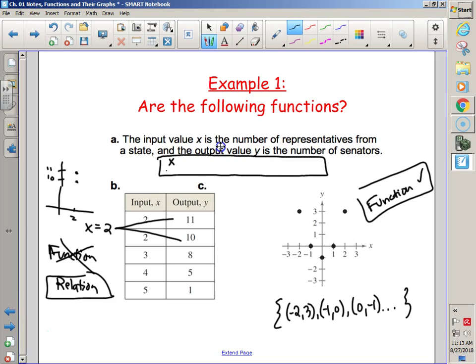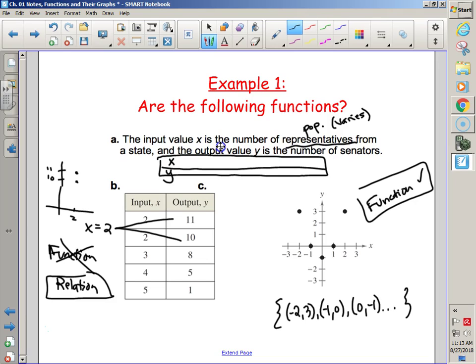So if I was to think about who's who, X's are the representatives. This varies based on population, right? So in the United States government, how many representatives for California is very different than how many representatives from like North Dakota or Wyoming. Right? Very different. I just picked one. The population is going to determine how many representatives.